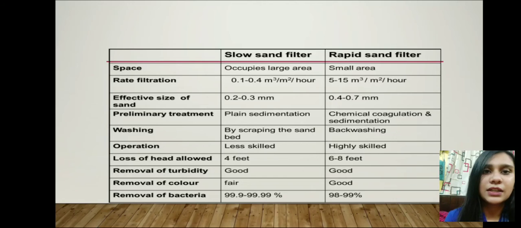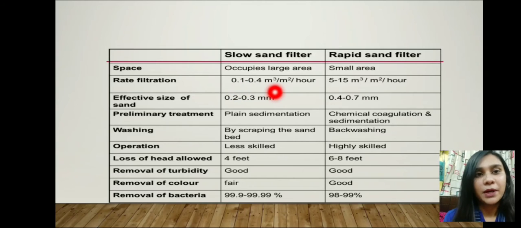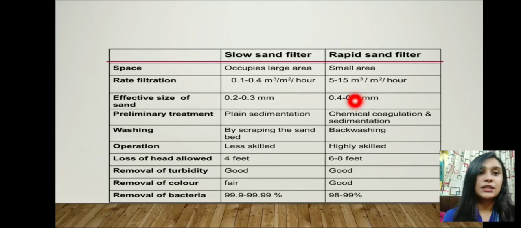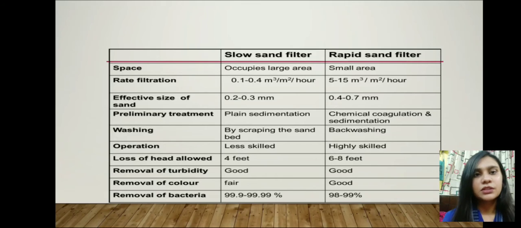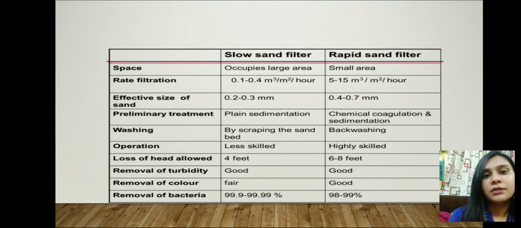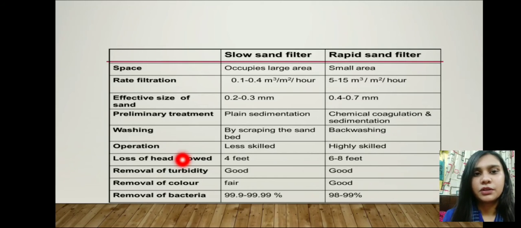Here we can see that the rate of filtration of the slow sand filter is 0.1 to 0.4 cubic meter per square meter per hour, and in the case of the rapid sand filter it is 5 to 15 cubic meter per square meter per hour. So we can say that it is much higher. There are lots of differences between these two, but the main one is the rate of filtration, and the other one is the removal of bacteria.